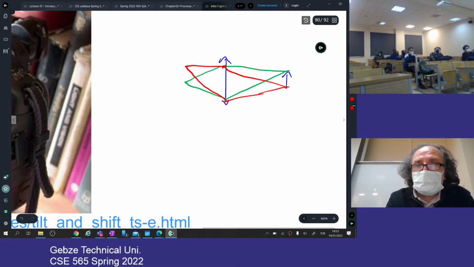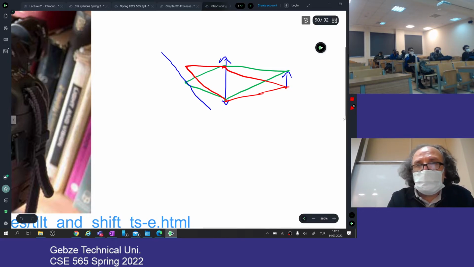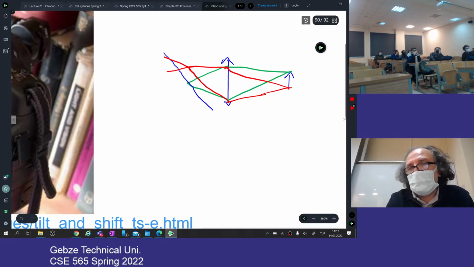My image plane is like this. So what do you see now? The upper part of the object will be in focus, but the lower part will be blurry, right?